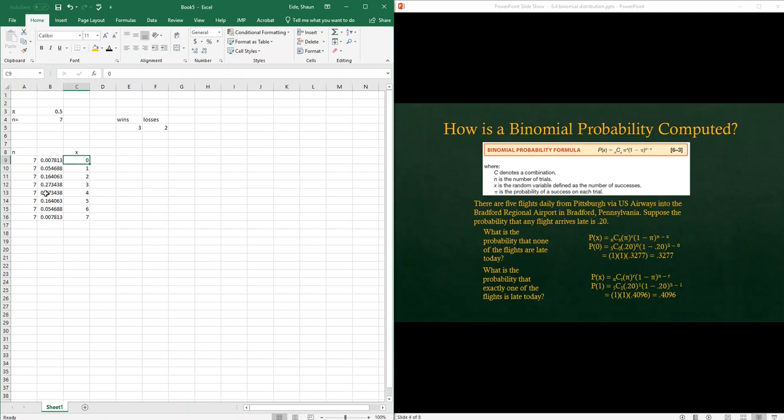Now, when I say 0, I mean exactly 0. The probability that the Bears will win exactly 1 of their remaining games is 0.054688.